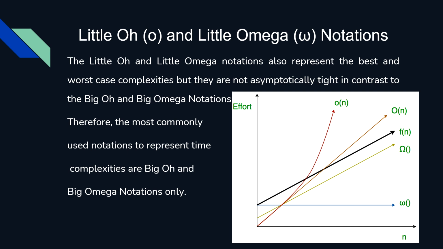Let us go to the image, that is the graph. Here we see 5 graphs, that is 5 lines: big O, little o, theta, little omega, and big omega.